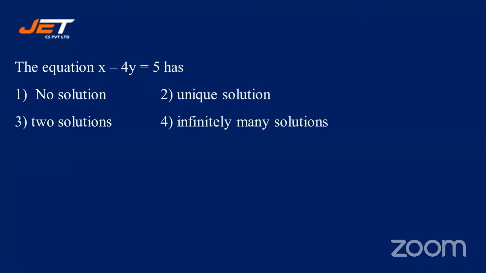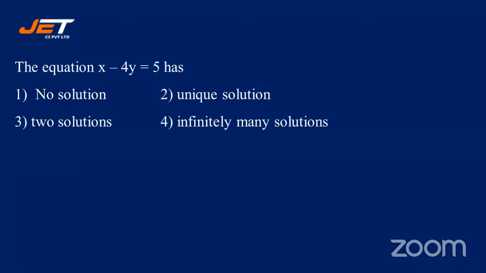See the next question. The equation x minus 4y is equal to 5 has dash. Does it have no solution? Or does it have unique solution? Or does it have only two solutions? Or it may have infinitely many solutions.